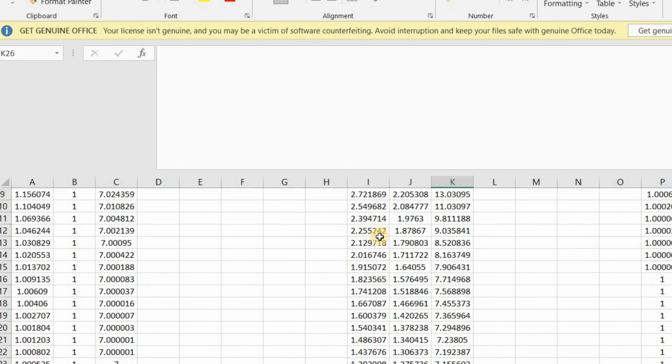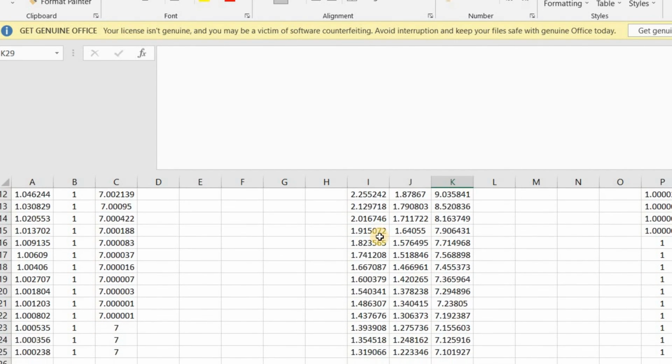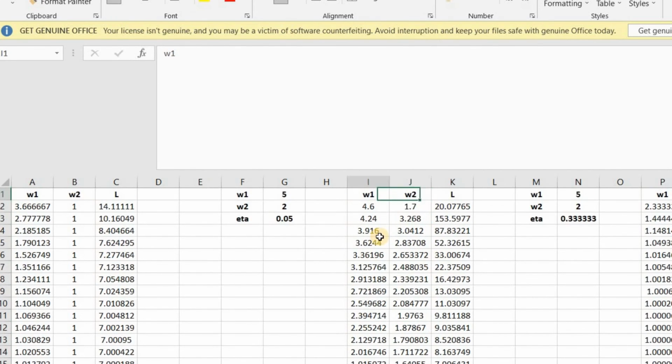Just observe, we are yet not getting a convergence in finite number of steps. So we were able to get close to 7 but not exactly 7. We are getting values close to 1 but not exactly 1. Now if we see why exactly this is happening, it's because of the fact that we selected the value of eta as 0.05 while the optimal value of eta was 0.16.